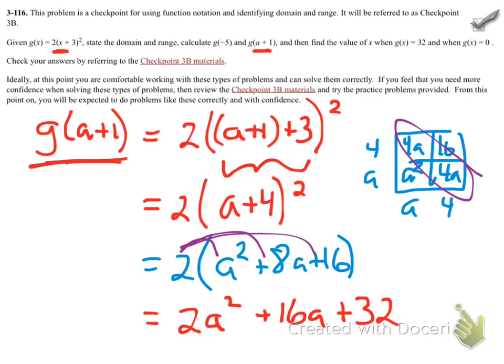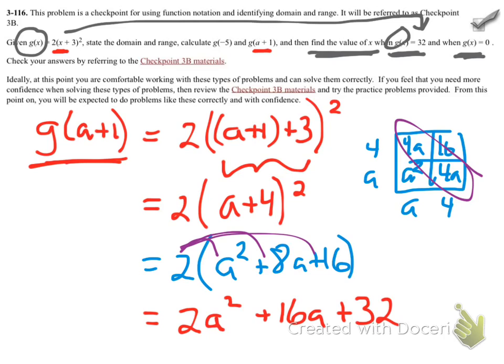Last part of this problem now is taking a look at finding our x values when the function equals these values. So g of x, when it equals this, I'm going to set it equal to 32, and for the next part I'm going to set it equal to 0. So two separate problems here.